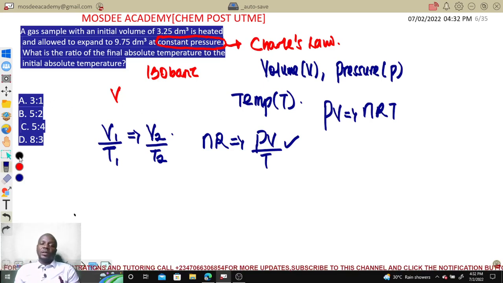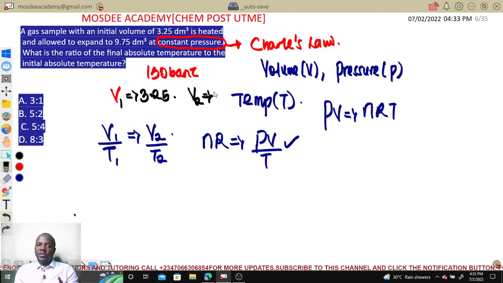Now, directly you can just substitute values and say, fine, initial volume is V1. I take that as V1 as 3.25, pressure is constant. Then when it was heated, the volume expanded, and we have a new volume I call V2, and that is 9.75 decimeter cube also.